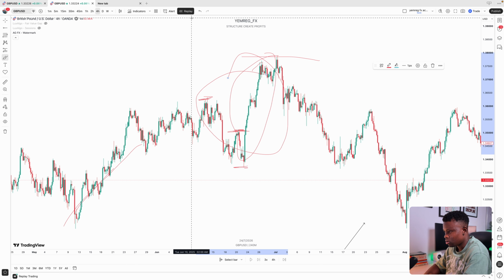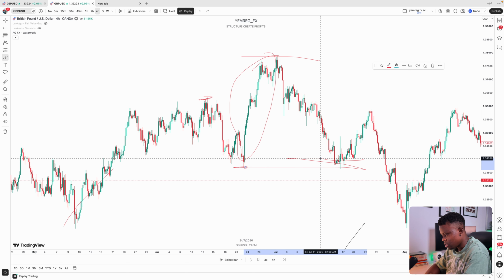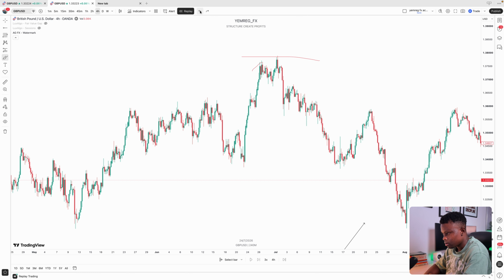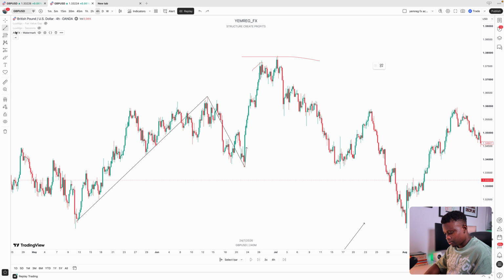Now if you were to keep on with this, price eventually took out our major swing low. This is it here. So price took out this major swing low.